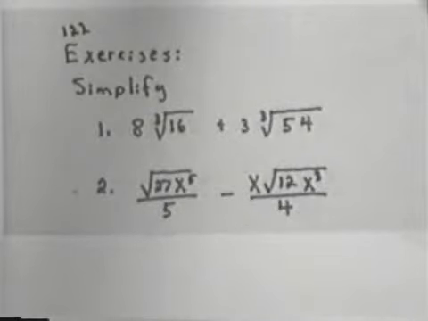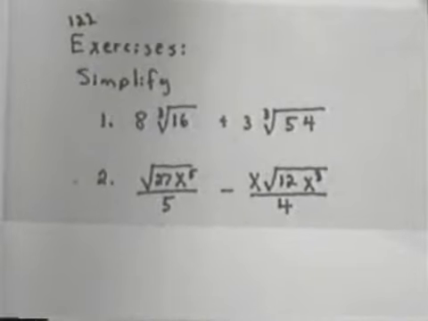Now I'm going to give you some exercises. If you feel that you understood what I have just covered, then go ahead and do the exercises. If you feel you're kind of lost, either get someone to help you or listen to the tape again. But as exercises, I want you to simplify these two. 8 times the cube root of 16 plus 3 times the cube root of 54.